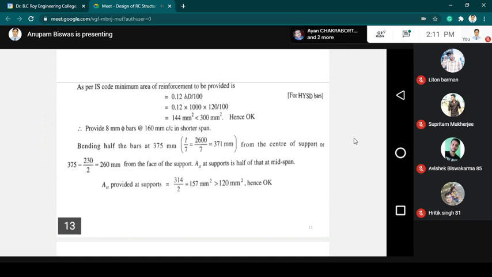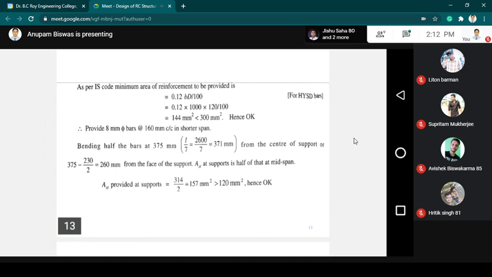So from the center of the support, that is 2.7 meter by 7 will give you the position of half of the bar that has to be bent, that is the position of 371, suppose 375 mm from the center of the support, or otherwise we can also say that 375 minus 230 by 2, since it is from one end, that is 260 mm from the face of the support. 230 is the width of the beam on which the slab is supporting. So half of the beam width is to be considered to calculate from the face.